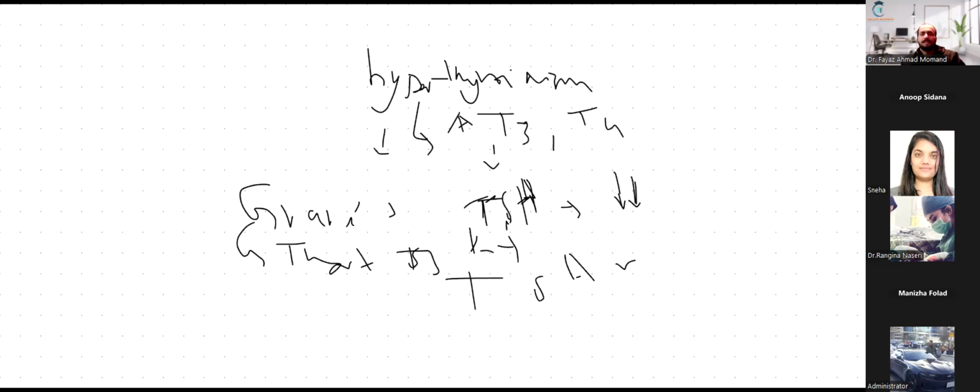These antibodies stimulate production of thyroid hormone by binding to TSH receptors on the thyroid gland, and this is how they cause hyperthyroidism.